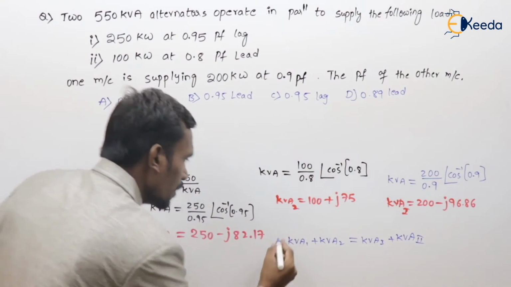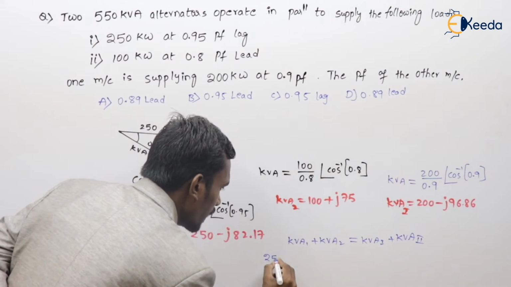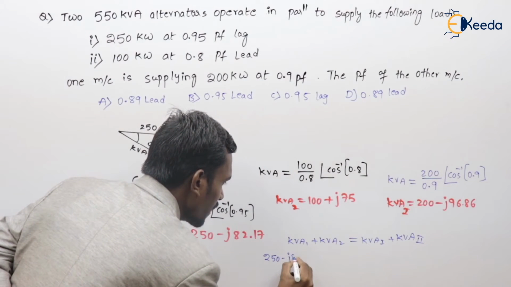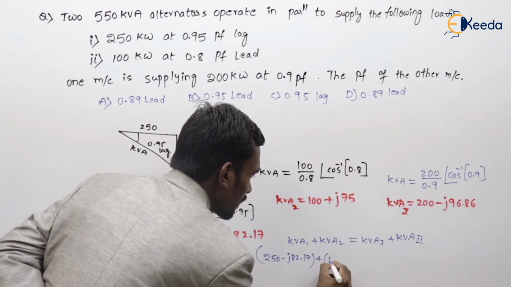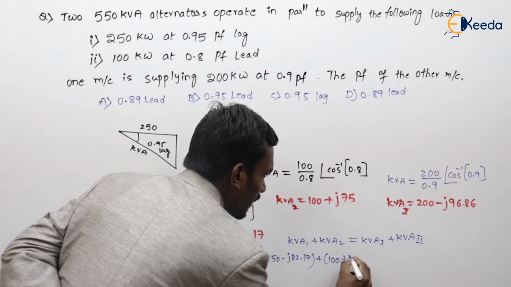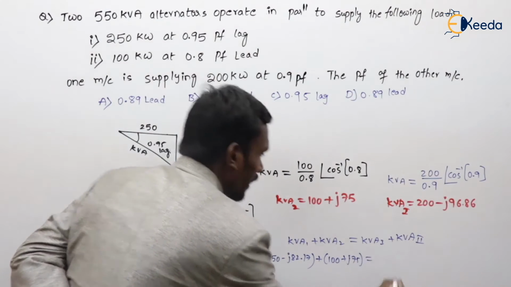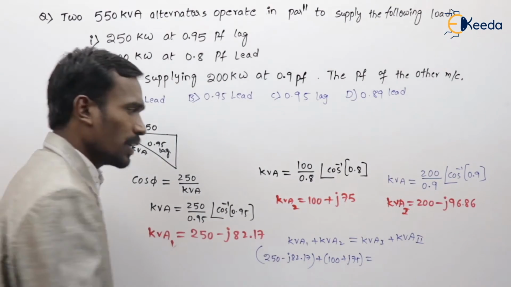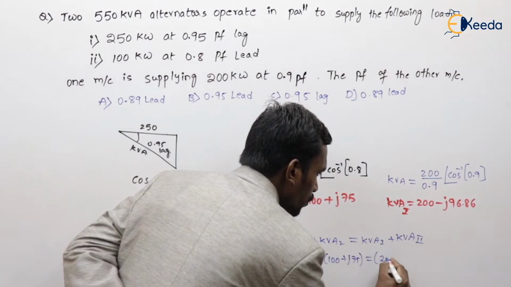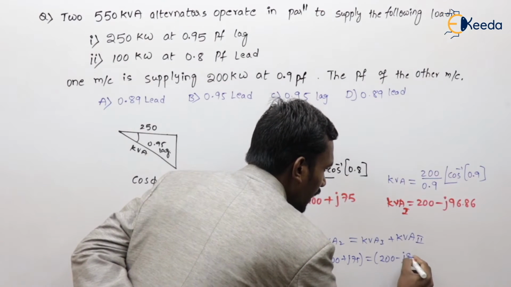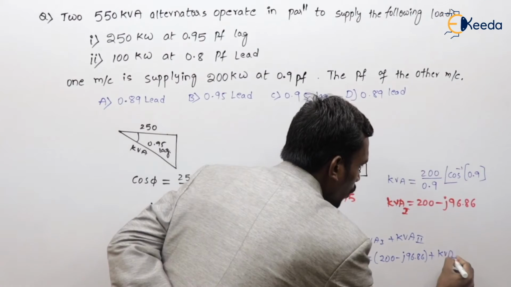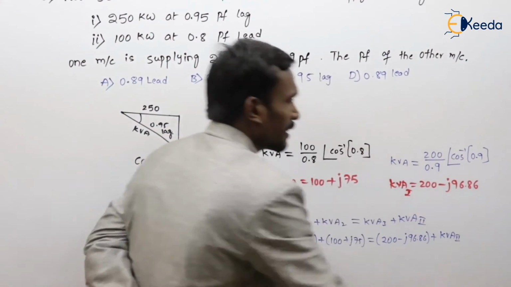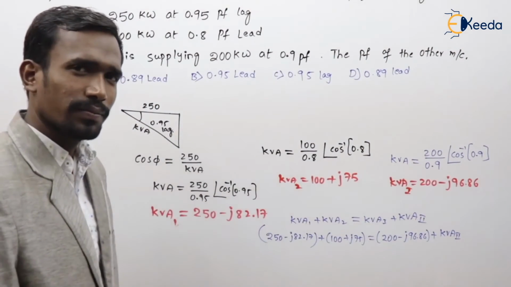Nothing but 250 minus j82.17 plus 100 plus j75 is equal to 200 minus j96.86 plus the load shared by the second alternator.